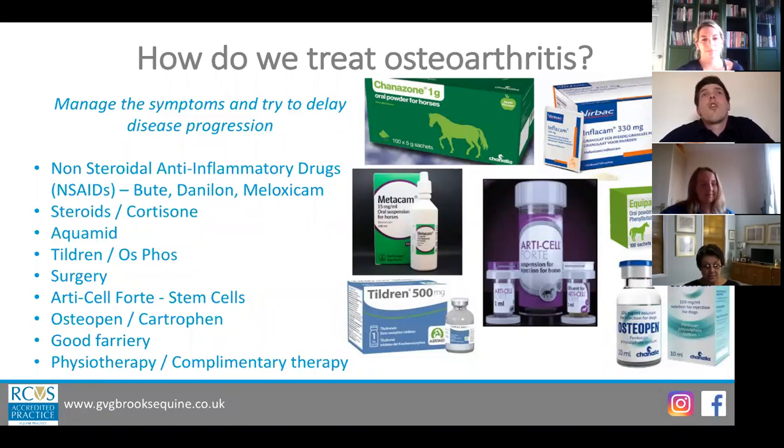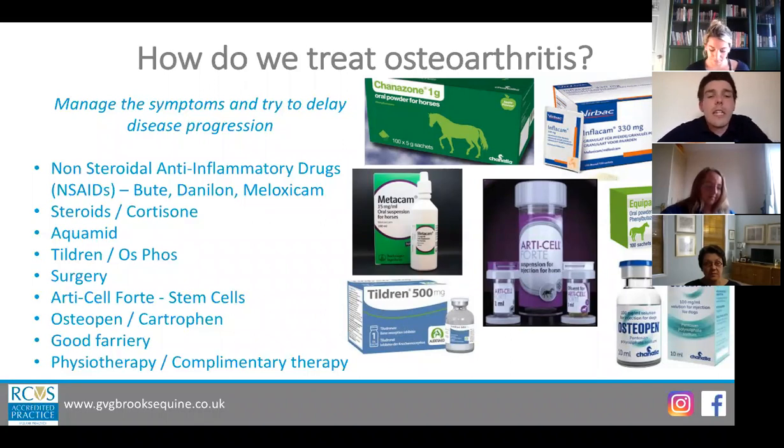So it's trying to replace the job of cartilage whilst that cartilage is being damaged as part of this disease process. Like I say, we normally inject this directly into the joint, into the problem area, and we often will be injecting that alongside another drug. Most of the time we'll be injecting that with a powerful anti-inflammatory, so a steroid as well.